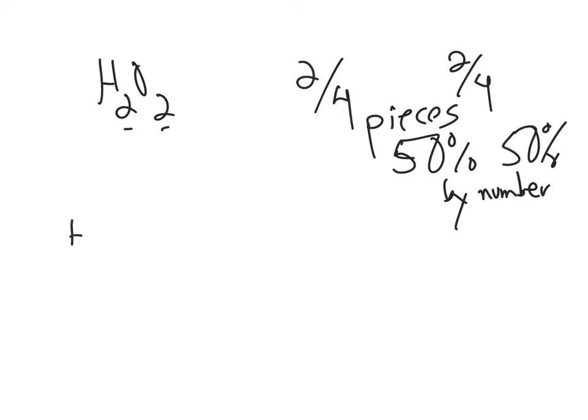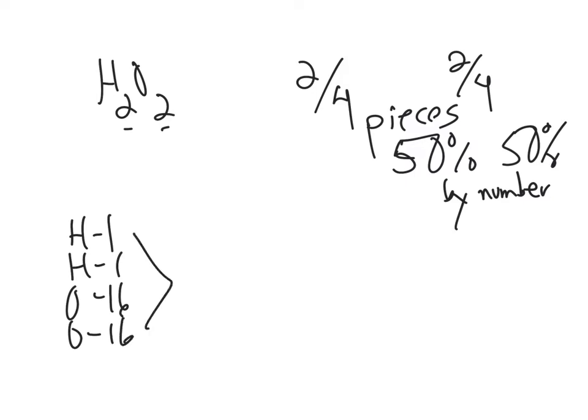But mass is a different story. So now the hydrogen weighs 1, the other hydrogen weighs 1, the oxygen weighs 16, and there's an additional oxygen that weighs 16, meaning our grand total is now 34. Out of that 34, 2 out of 34 are the hydrogen, and 32 out of 34 are the oxygen.